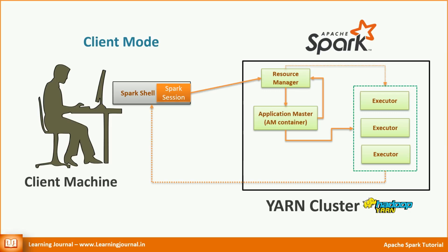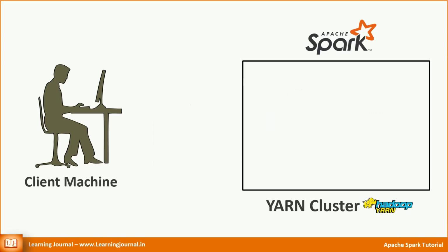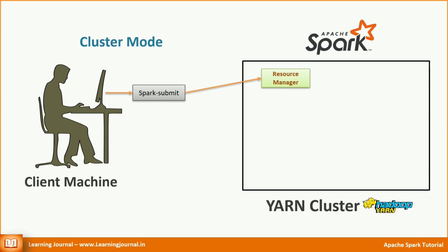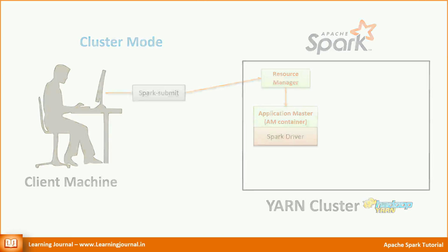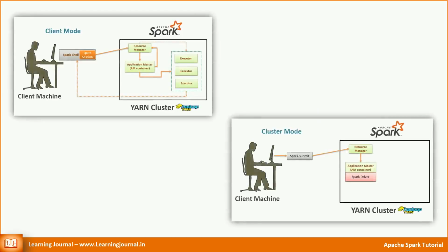The process for a cluster mode application is slightly different. In the cluster mode, you submit your packaged application using the Spark Submit tool. The Spark Submit utility will send a Yarn application request to the Yarn Resource Manager. The Resource Manager starts an application master, and then the driver starts in the AM container. That's where the client mode and cluster mode differ.